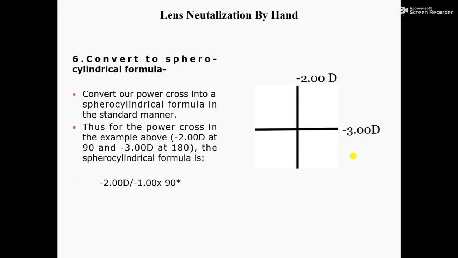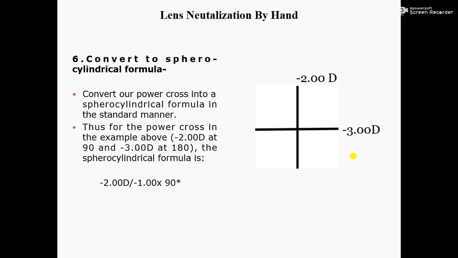Next, convert to the sphero cylindrical formula. Convert our power cross into a sphero cylindrical formula in the standard manner. Thus, for the power cross in the example above, minus 2 diopter at 90 degrees and minus 3 diopter at 180 degrees, the sphero cylindrical formula is here.